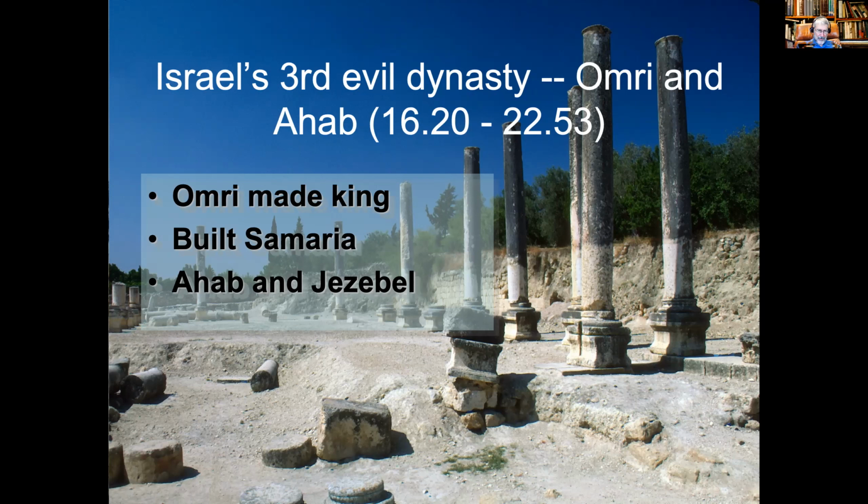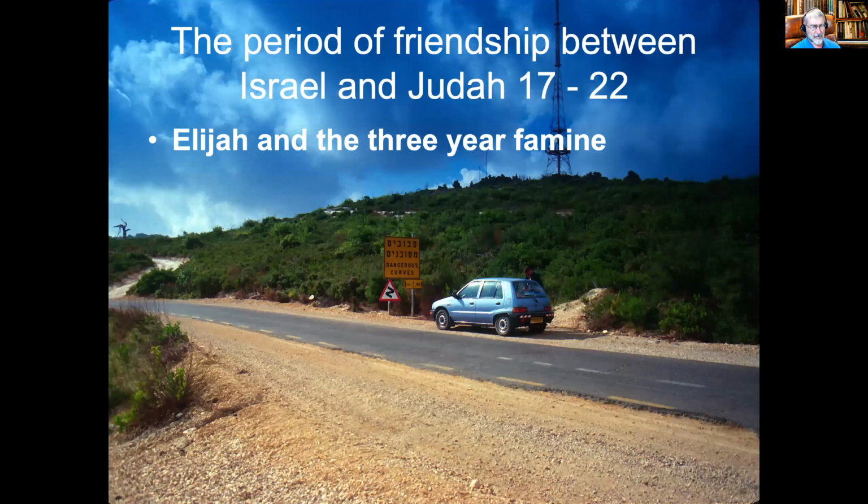As we come out of chapter 16 into chapter 17, we're going to be introduced to the first character in a long series of prophets in Israel. Elijah begins the era of the speaking and writing prophets. He's the next great prophet in the line that began with Moses. So we have Moses and Joshua.